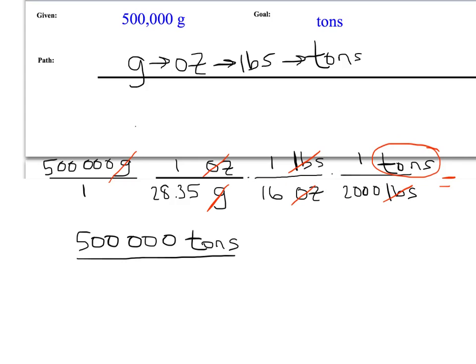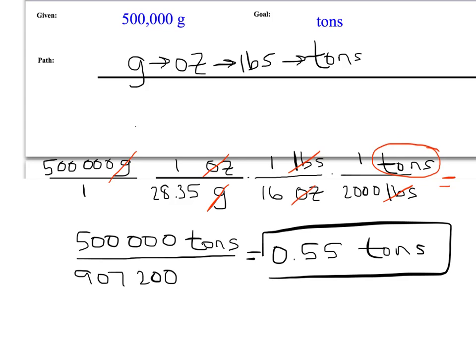When you do that, you get 907,200. When you take 500,000 divided by 907,200, you get 0.55, and we still have tons. And there's my answer.